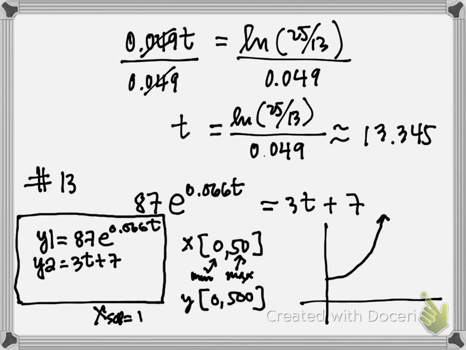And then the linear one, the 3x plus 7, would just be a line that goes like this, and they will never intersect. So your answer to this problem will be no solution, because they do not intersect.